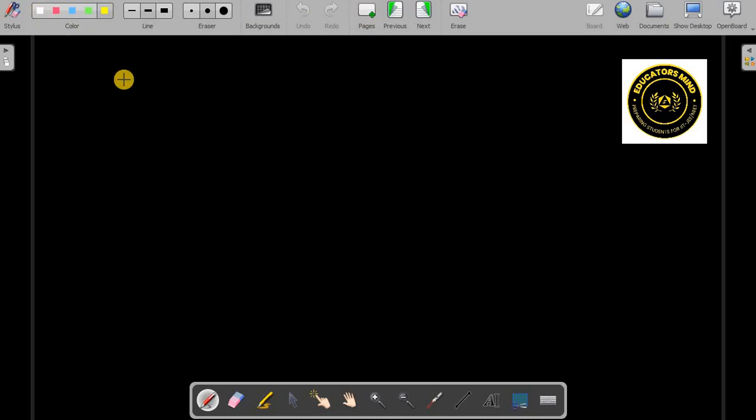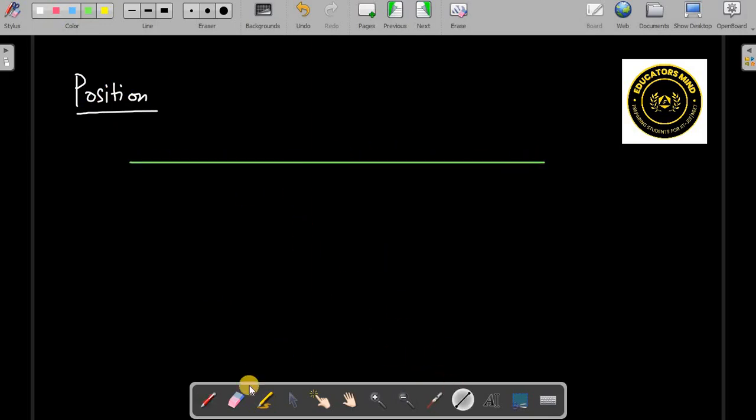So first we are going to understand what is position. Suppose you want to study a body. Let's say there is a straight line, and the position of the body is, let us say here. This is a body, and you want to study the position of this body. So first of all, there has to be a fixed point called the origin.